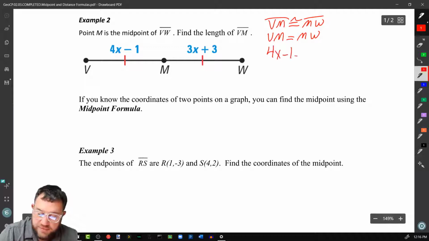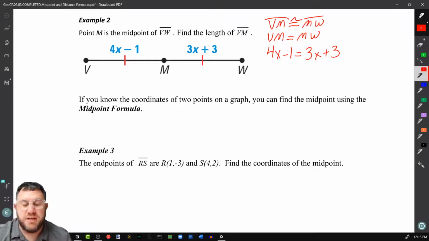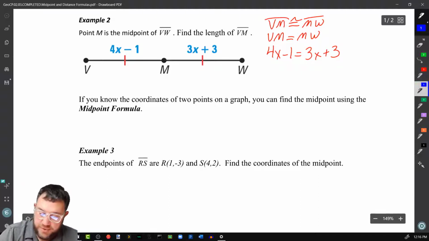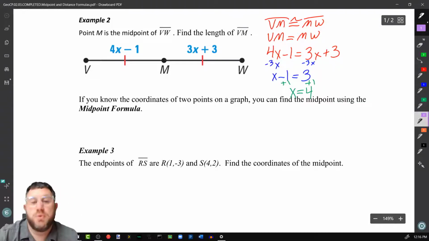So we could say 4x minus 1 equals 3x plus 3. So again, we're back to solving an equation. So we're always using algebra in our geometry class. If we subtract 3x from both sides, it's going to give us x minus 1 equals 3. We'll add 1 to both sides. That's going to give us x equals 4.